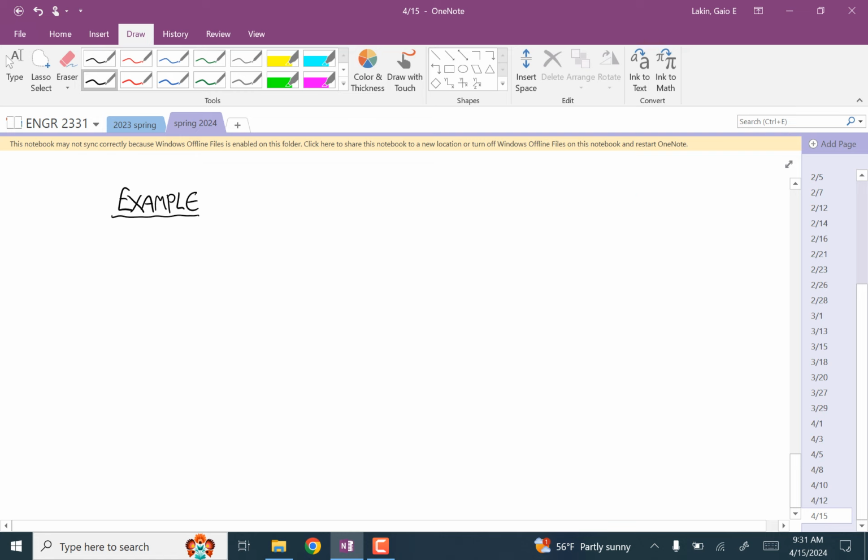Okay, so let's say we have a rod like this, connected to a disc.